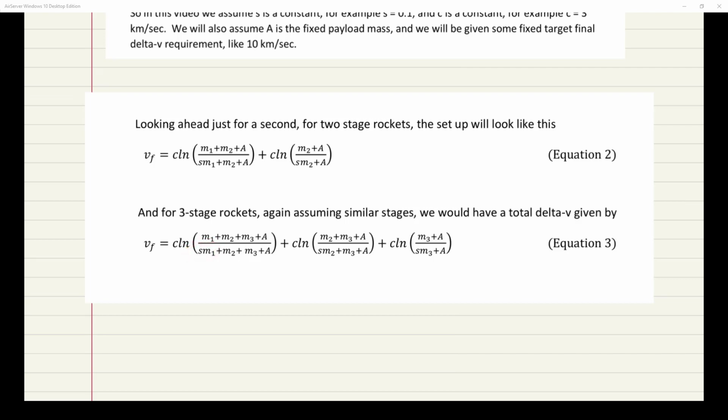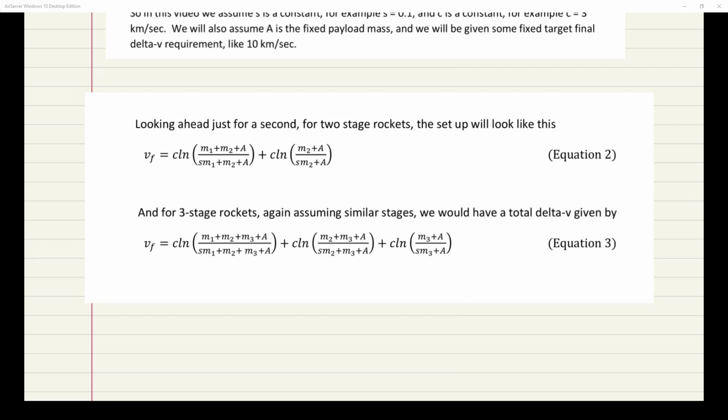When stage 1 burns, it will be reduced to some fraction of its original initial mass. Let's say perhaps S is 0.2. So if it was 0.2, then you have 20% of that initial mass remaining after the burn. And so all of these terms summed together represent the final mass after the first stage does its burn. And then this altogether would be the delta V achieved by just the first stage.